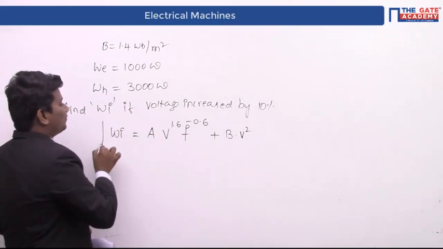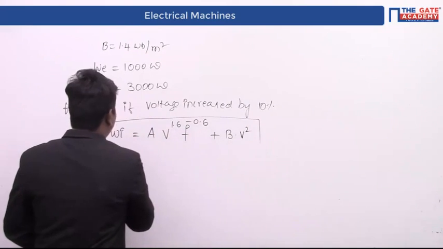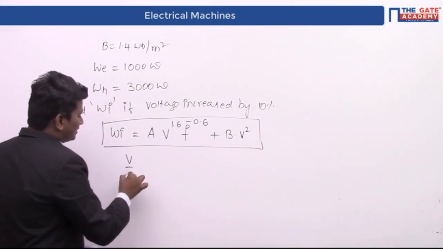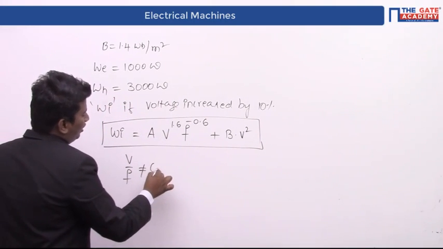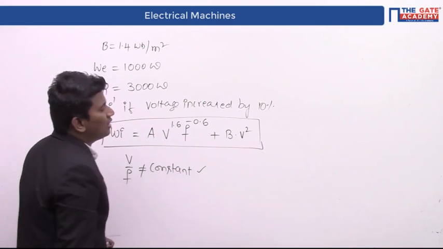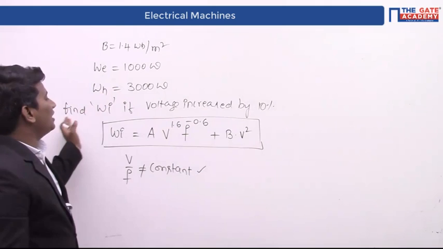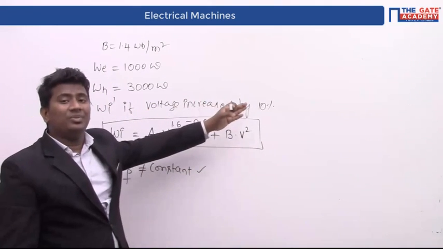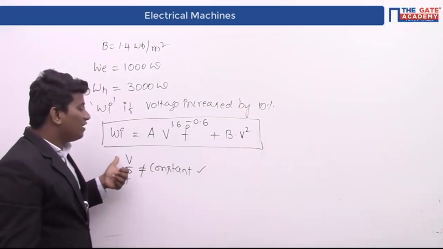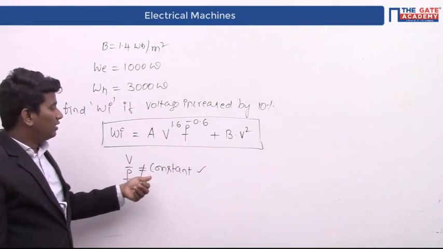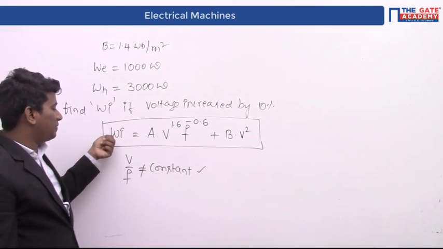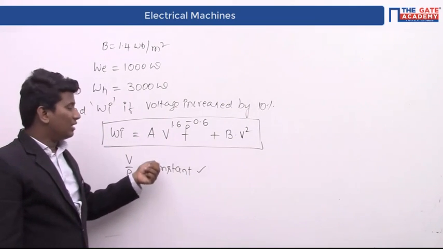This formula is valid if V by F is not constant. In the question, if you observe clearly, the voltage is increased by 10%, which means the frequency is not changed. Therefore, V by F is not constant.